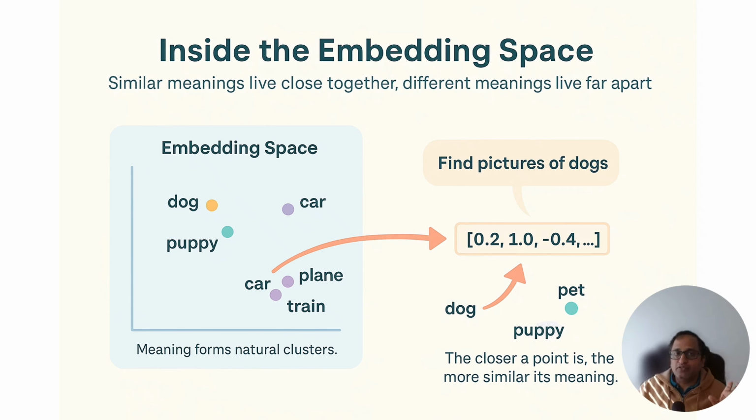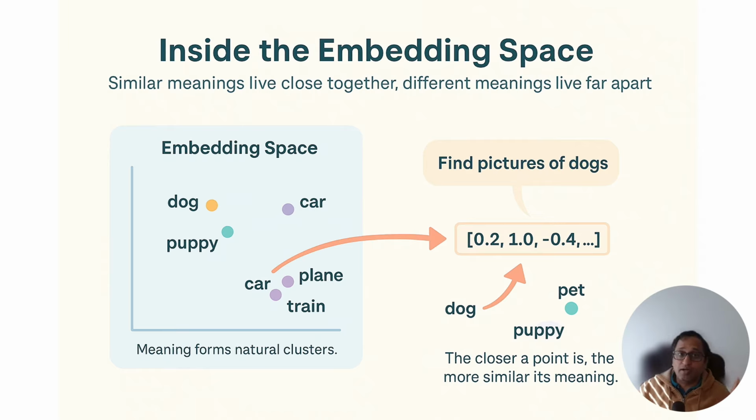Once the words are converted into embeddings, they exist in what is called embedding space. You can imagine it like a giant map, except instead of geography, this map organizes meaning. In this space, similar words like dog, puppy, cat cluster close together.